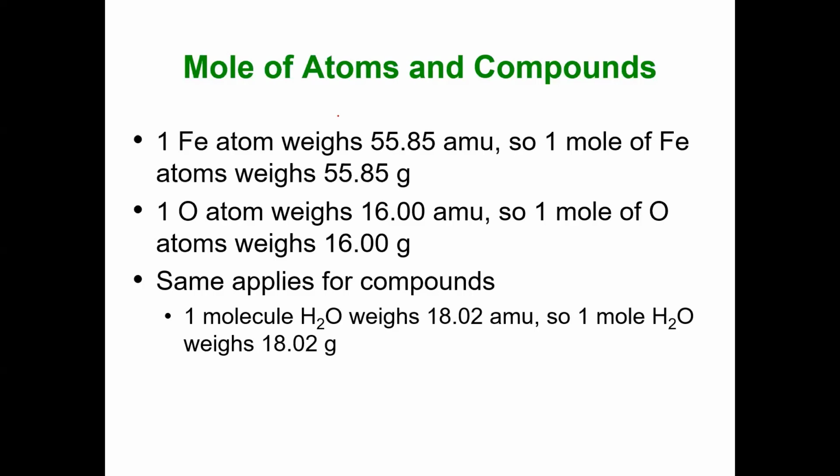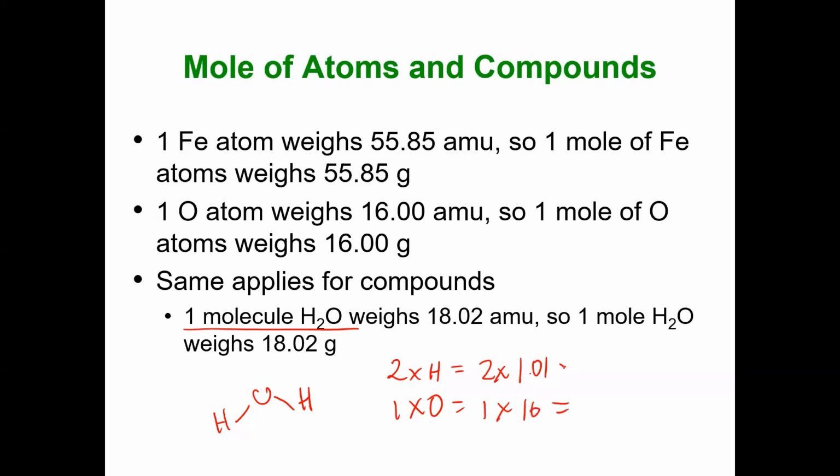And the way we got these numbers for calculating the weight of 1 molecule of H2O, we said 2 times hydrogen, 1 times oxygen, because in a water molecule, right, there's 2 hydrogens and 1 oxygen, and 2 times 1.01, again, average atomic mass, 1 times 16, so I get 2.02, 1 times 16, 2 times 1.01, add these up, I get the 18.02.